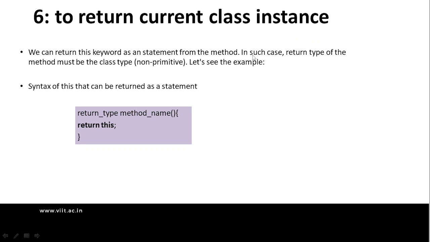Then, returning the current class instance. We can return the this keyword as a statement from the method. In such a case, the return type of the method must be a class type, non-primitive. Let us see an example. The syntax is: return type, method name, and return this.